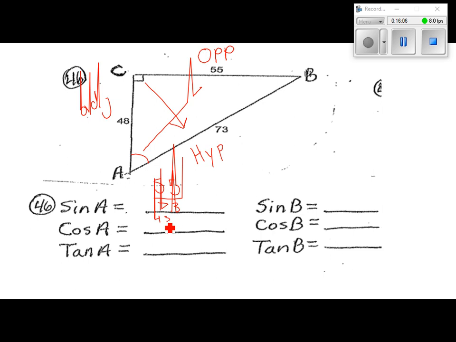That's all we want this time. Now we're going to use this stuff, but we're leading to something. And then the tangent. Which two did the TOA part deal with? Opposite over adjacent, right? So 55 over 48.